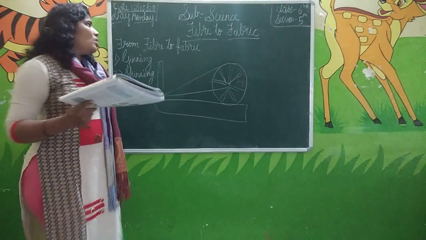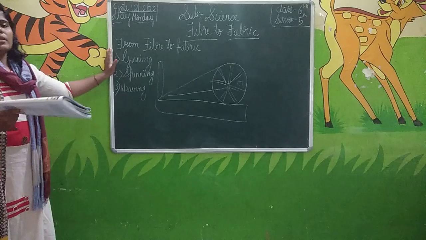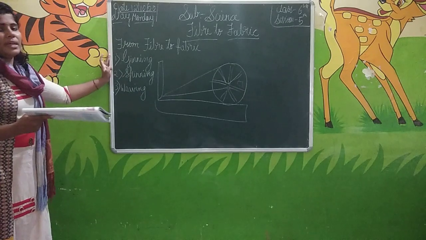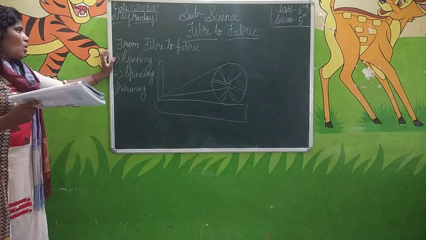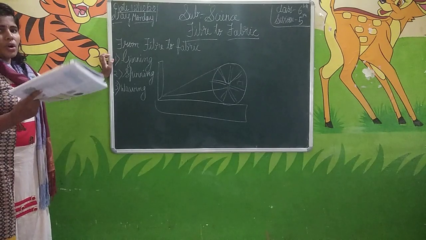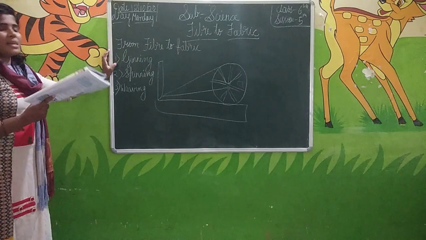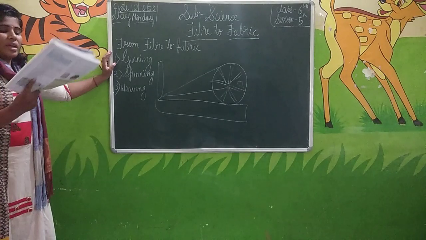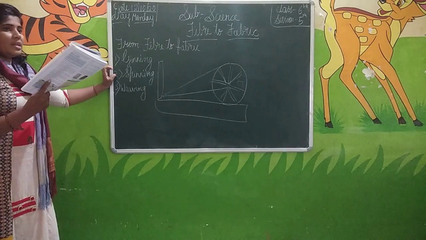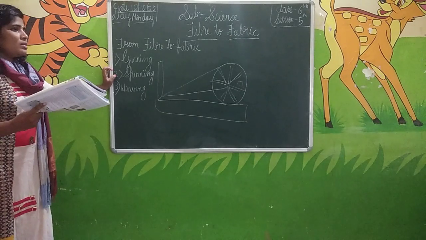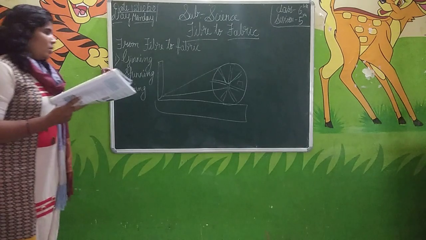Okay. In forming fabric from fiber in cotton there are 3 steps: ginning, spinning and weaving. Ginning is separating the seeds from the cotton fiber. Next is spinning. After ginning the cotton, you have to form yarns, small threads.